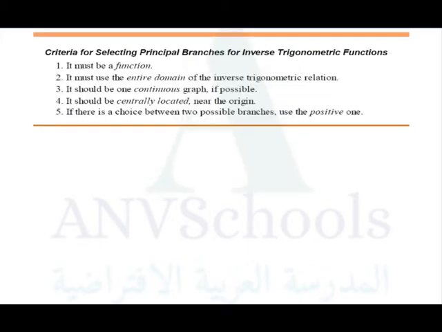Okay, next, it must use the entire domain of the inverse trigonometric relation. So when you say entire domain, it must use the entire domain. What is the entire domain of this trigonometric function? It's from negative infinity to positive infinity. So it uses the entire domain of the trigonometric relation. Okay, what else?